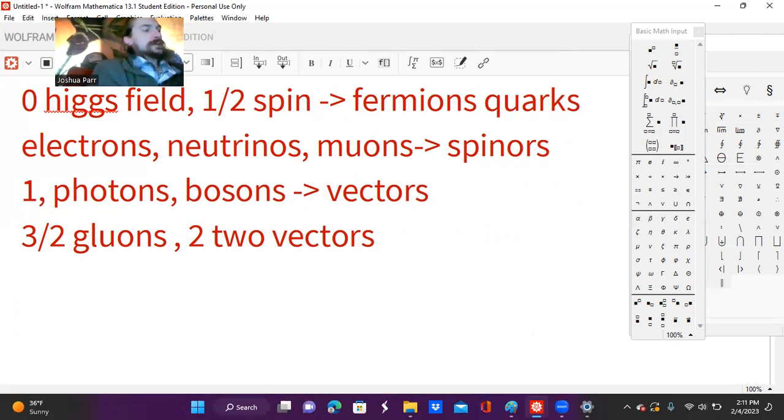So now we're on to page 2 of our quantum field theory notes that I took for you guys. The standard model of particle physics is what we're going to do now. We got some different kinds of quarks.